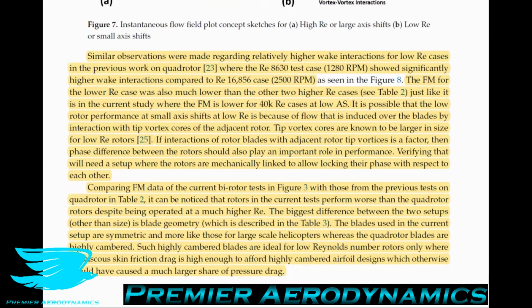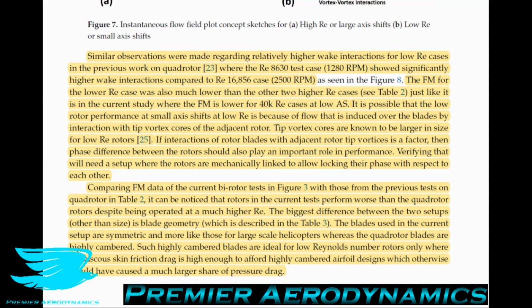So moving on. Similar observations were made regarding relatively higher wake interactions for low Reynolds number cases in the previous work on quadrotors. This is reference 23 in this paper, where the Reynolds number of 8,630 test case shows significantly higher wake interactions compared to the Reynolds number of 16,856.